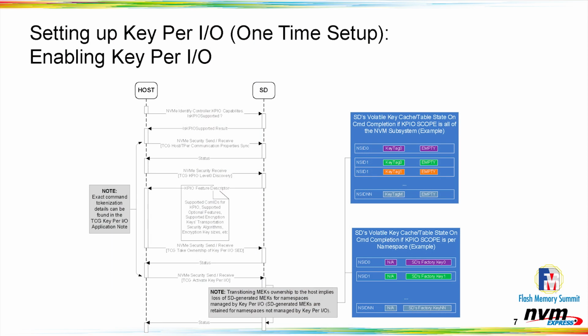If you turn on Keyprio on a device where Keyprio covers the entire device, then the device key cache is effectively empty: when you turn it on, there are no host keys available in the device key cache, right? So that's important to know, because if you think about folks who interact with things like OPAL, you can generally turn on OPAL when you have your operating system going and applications going.